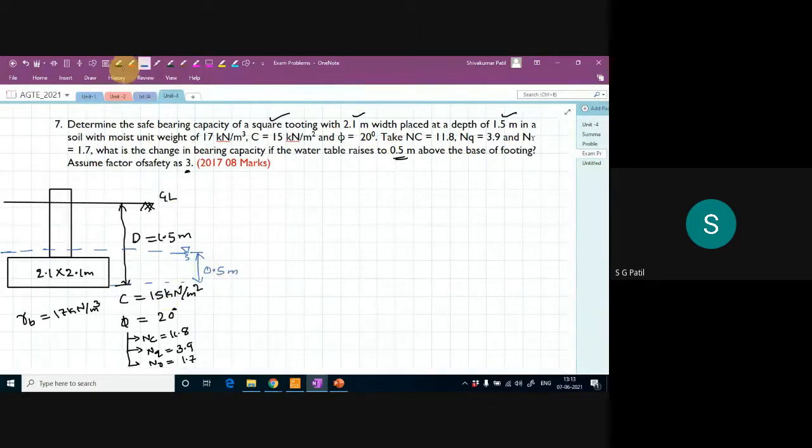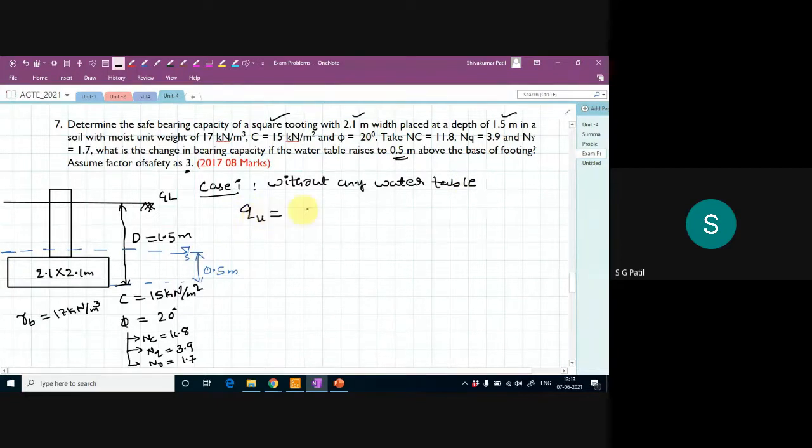So first, case 1 I will write. Case 1, that is without any water table. Okay, so Q ultimate is equal to 1.3 CNC, it's a square footing, no?